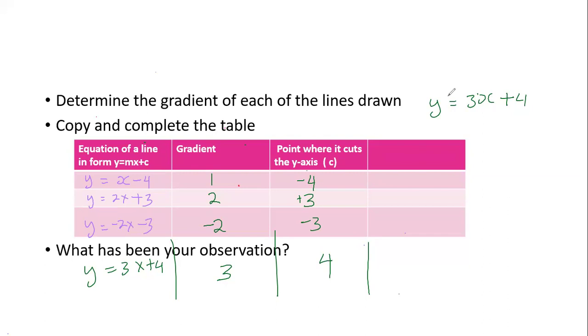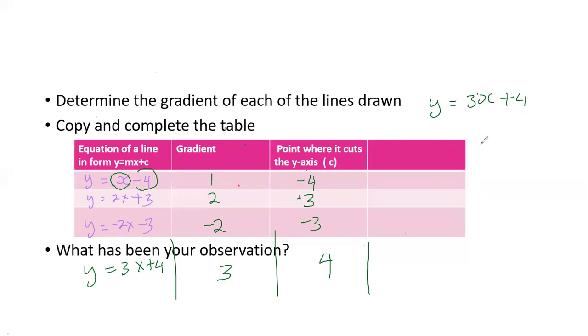Okay, very good. Now I'm going to put very many equations. Take note that always the value that accompanies the x is your gradient. The value that comes after is your intercept.